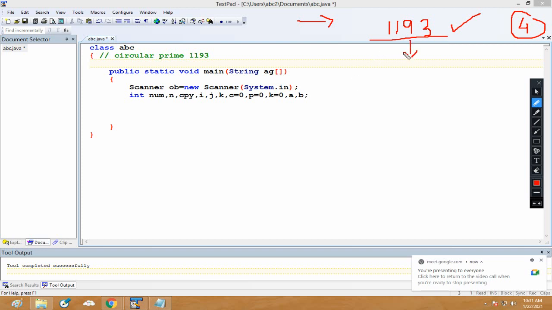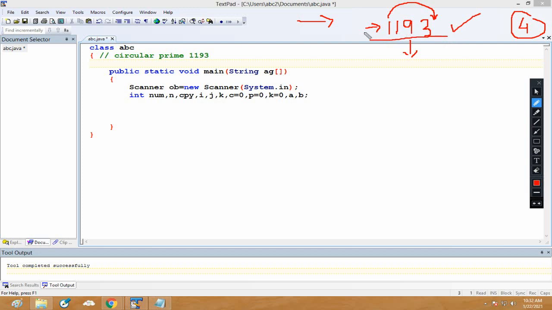Every time we will extract the digit from the left side and place this digit on the extreme right, and every time after forming the new number, we are supposed to check that the number is prime. The total number of times we form a number is 4, because the number has 4 digits.